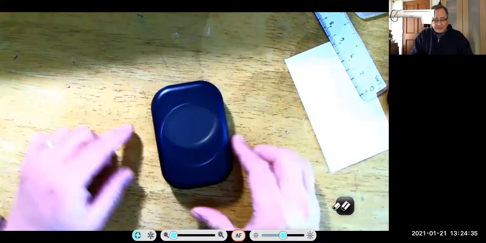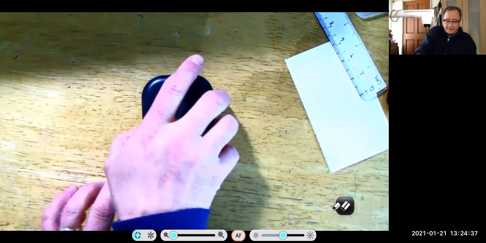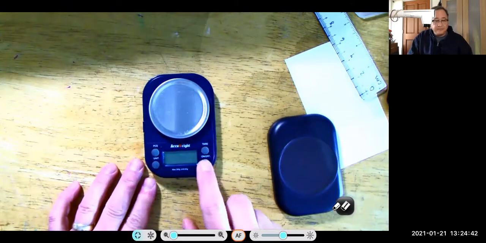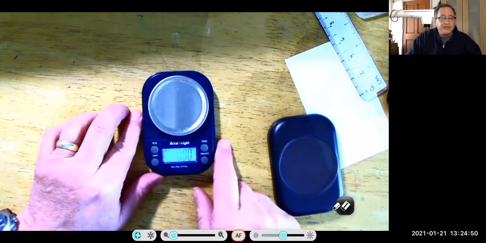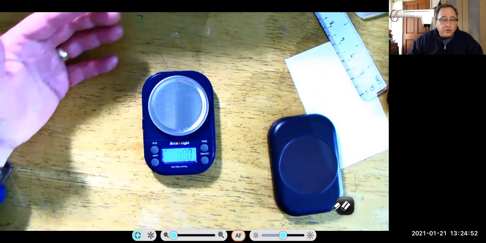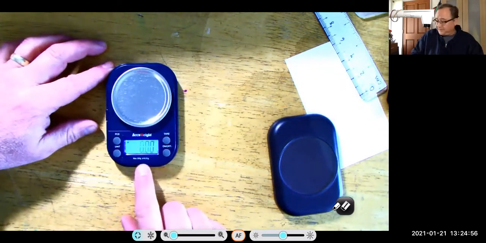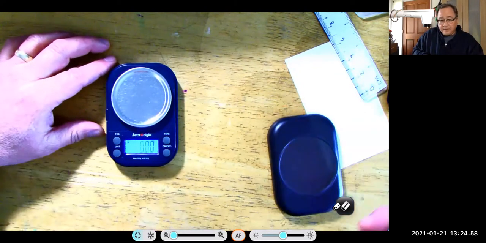This is a digital device. If I open this up and turn it on, you can see numbers in a digital format. So this is a digital device, and it's a balance. When you are using a digital device to measure things, you record all the numbers that you see on the device.